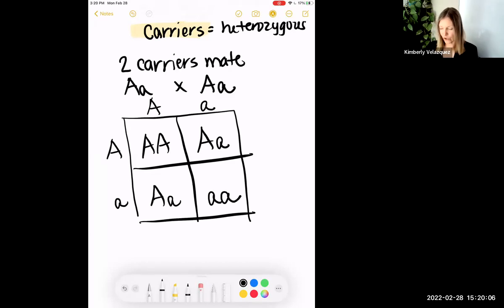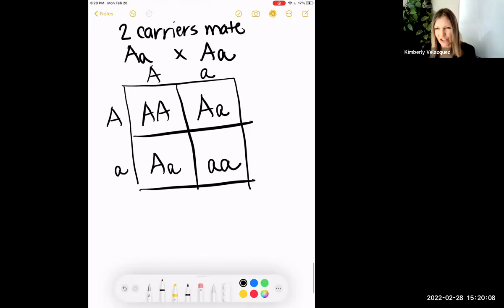So on average, by the way, these averages assume a lot of offspring. So if this was an insect laying thousands of eggs, this would be the ratios. But if you're a human having babies, every single time your offspring have a 50% chance of getting this gene in the egg and this gene in the sperm.